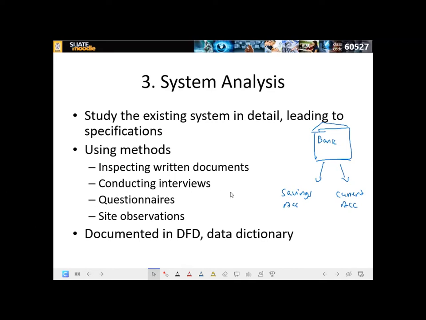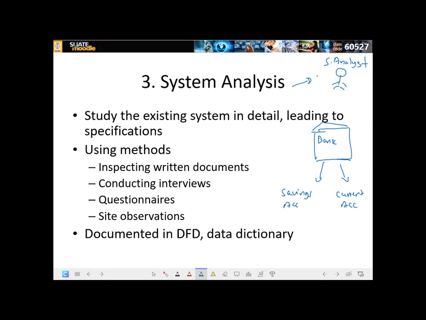The next one is conducting interviews. In the system analysis stage, the person who is involved in this stage we call the system analyst. This is an IT person from the information technology organization.